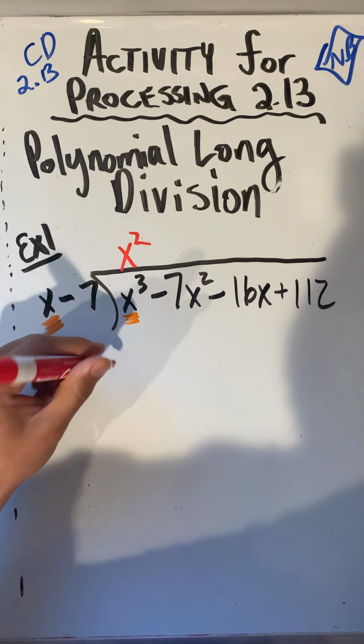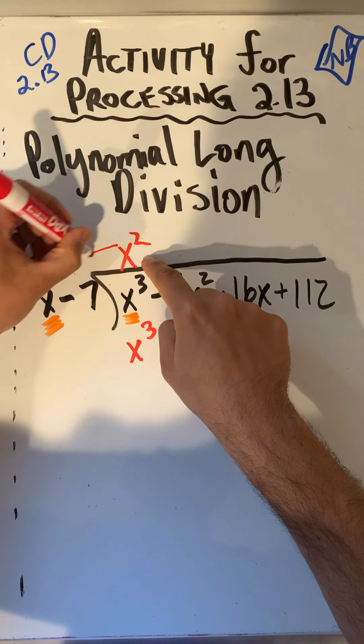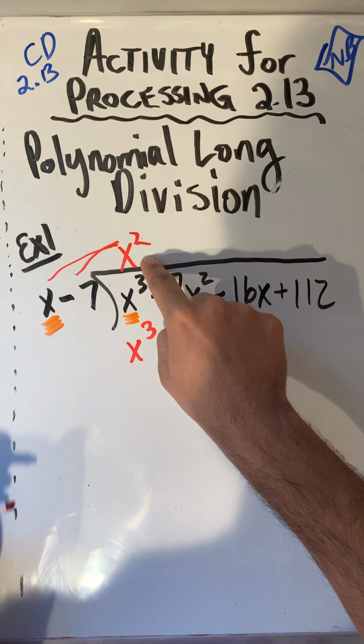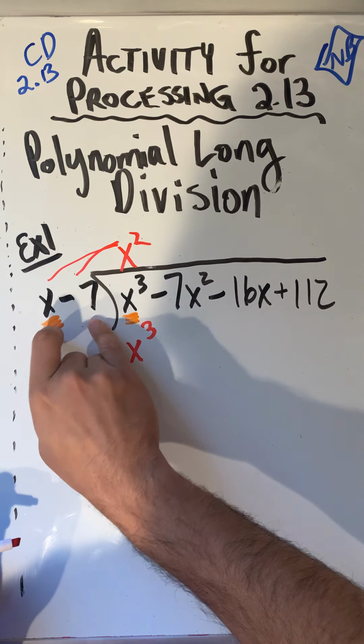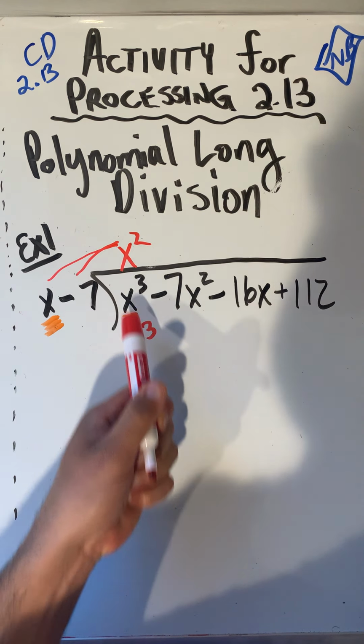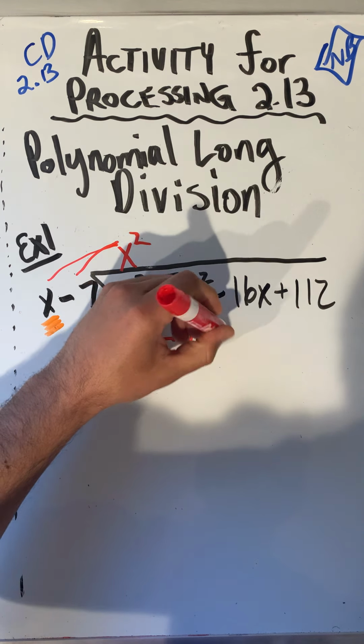X squared times x is x cubed. And then, since we already multiplied it by x, now we're going to multiply it by -7. So we multiply this value times both terms of this binomial. So x squared times x is x cubed. X squared times -7 is -7x squared.